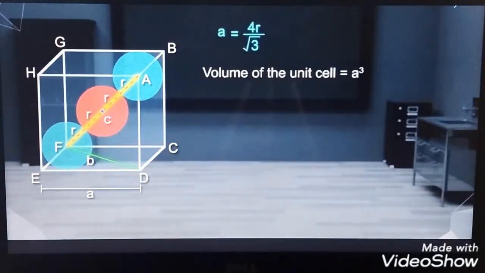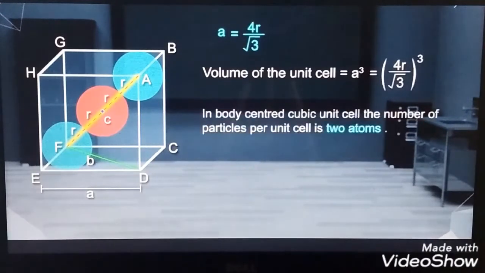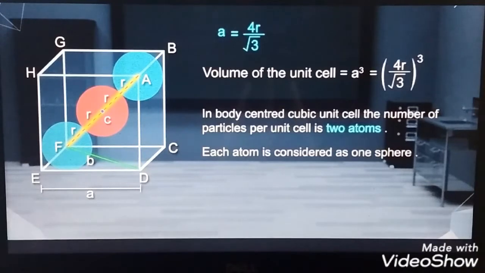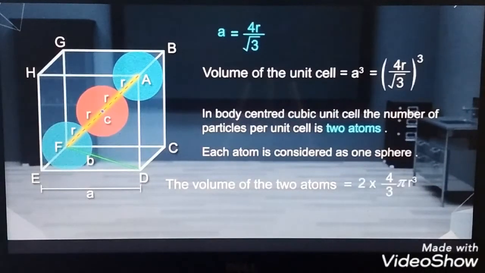Volume of the unit cell is equal to a³, which is equal to (4r/√3)³. In a body-centered cubic unit cell, the number of particles per unit cell is 2 atoms. Each atom is considered as one sphere. The volume of the 2 atoms is equal to 2 multiplied by 4/3 πr³, which is equal to 8/3 πr³.